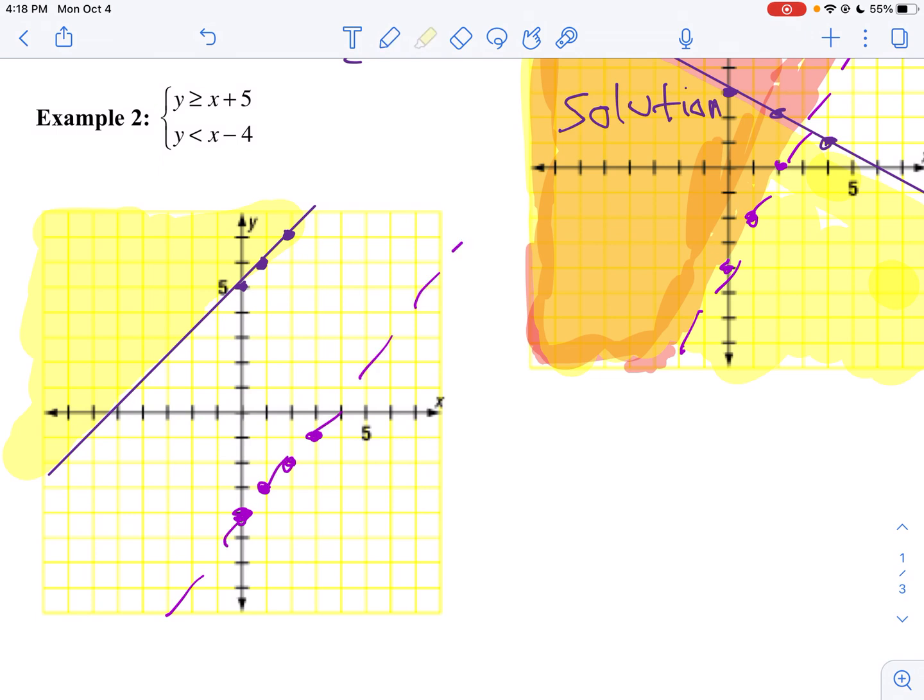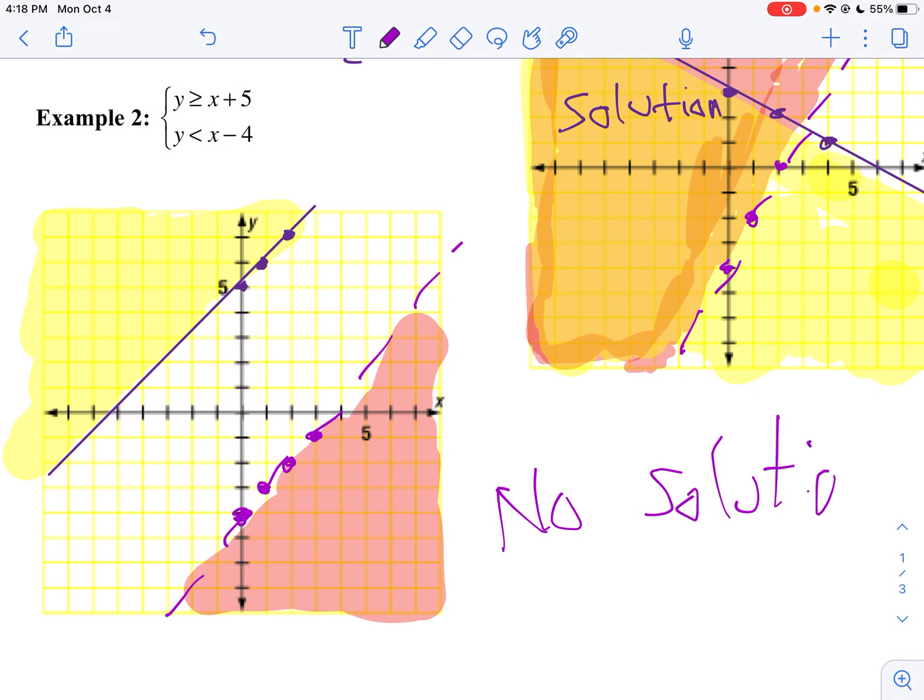And I'm going to shade below this line. Well, notice when you shade below this line, they don't intersect, do they? So we don't have anything that is true for both inequalities, so this would be a no solution problem. If they don't intersect, it's no solution.